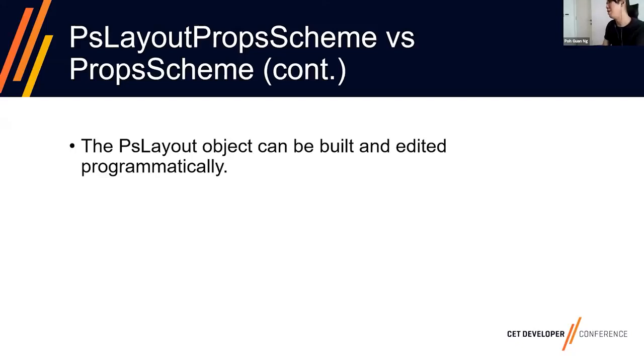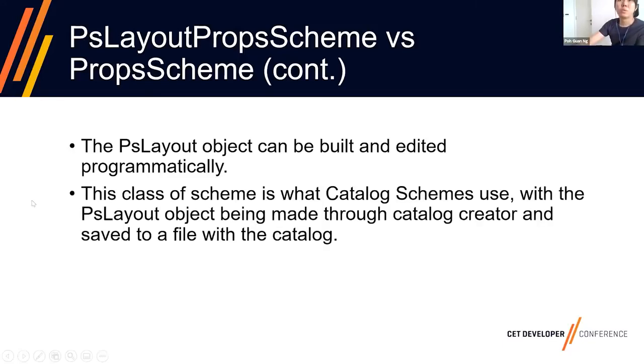So if you have additional custom entries, you can also append them after the layout has been loaded. This is basically what the catalog scheme uses, with the layout object being made by the catalog creator and saved to a file with the catalog.